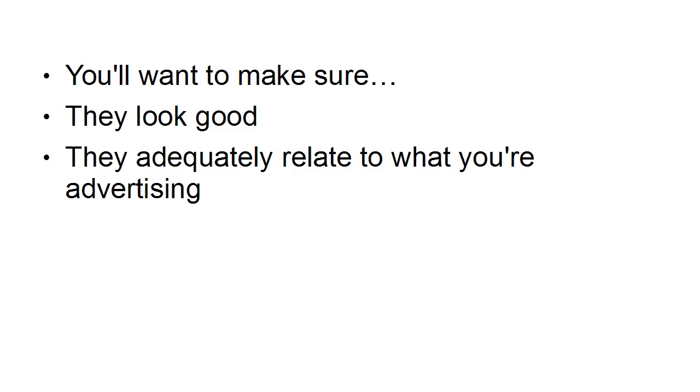I know some people say, oh, do something completely different because then it'll stand out. Well, maybe. But as a general rule, if, like in the last slide, we were showing an image of a dessert, you would want to make sure that image fitted something to do with desserts. You wouldn't want to have something like that for selling jeans. You want to make sure that it does actually relate to what you're advertising.